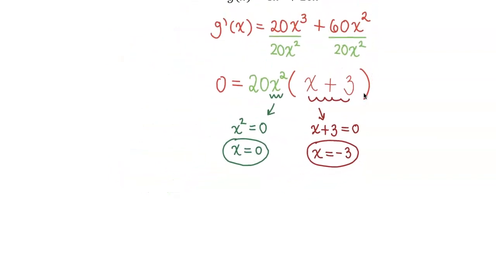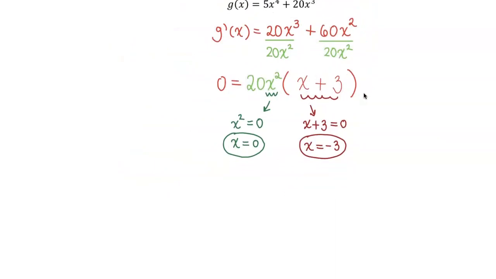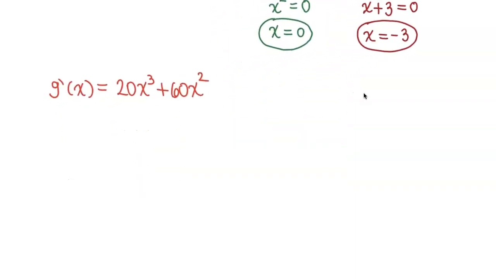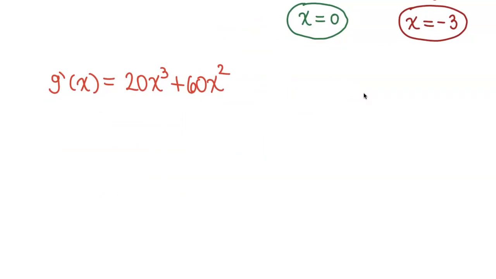Now, if I'm going with the second derivative test, I need to find the second derivative. But hold on. What was the first derivative? Let me write this here. The first derivative is 20x cubed plus 60x squared. All right, now let's do the second derivative test, okay? Take the derivative of this.